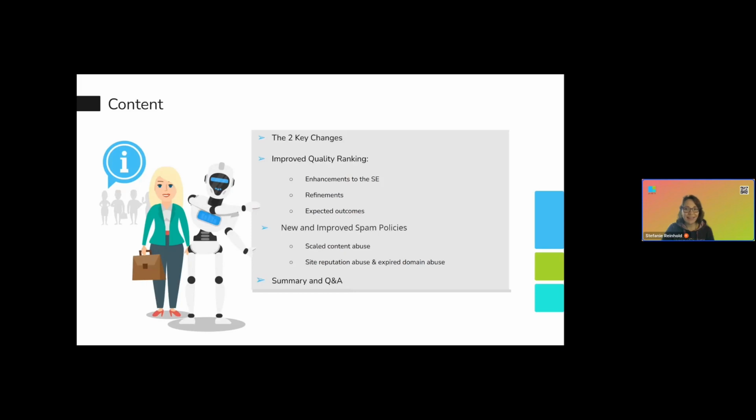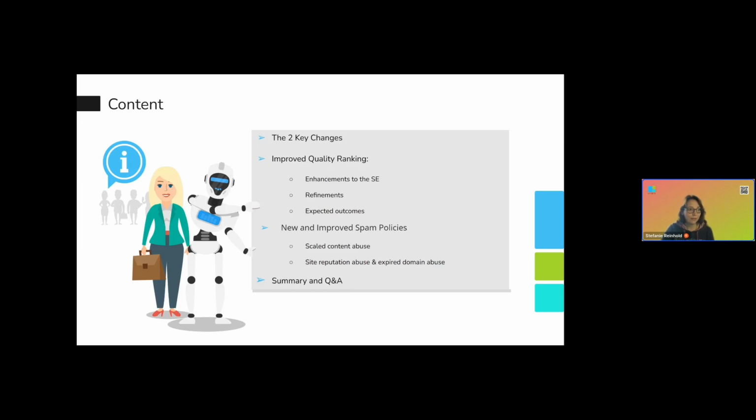For our agenda today, we'll have a look at the 2 key changes. The first is an improvement in the quality ranking, and the second one is an improvement in the spam policies, and there have also been new policies introduced in addition. In the end, we're going to have a look at the summary: what does this mean for you, and what do you have to do if you don't want to be hit?